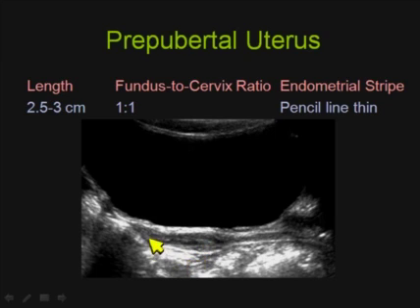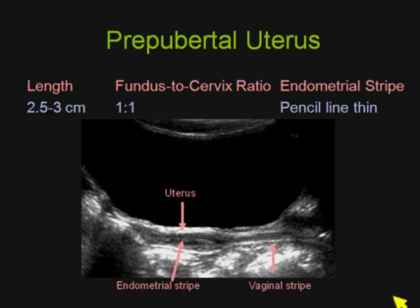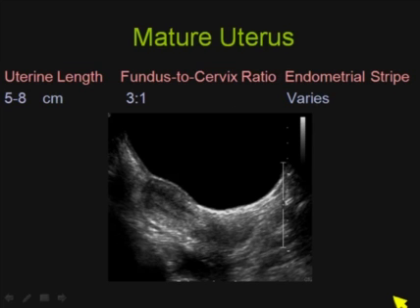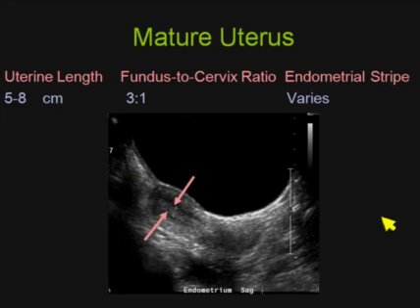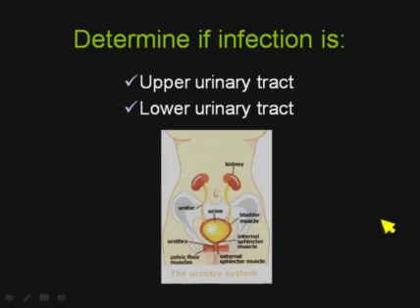If the endometrial stripe is seen, it's generally a very slender structure, and we should always look for the vaginal stripe as well, and here's the urethra. In a mature female, the uterus is longer and will measure somewhere around 5 to 8 centimeters, with the fundus prominent compared to the cervix and the endometrial stripe varying depending upon the time of the menstrual cycle.